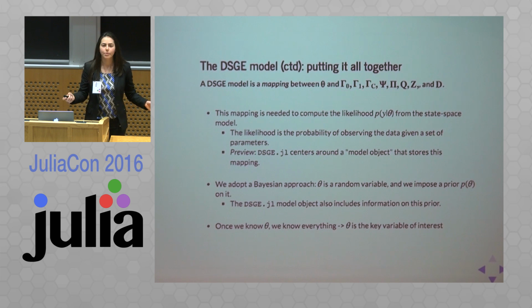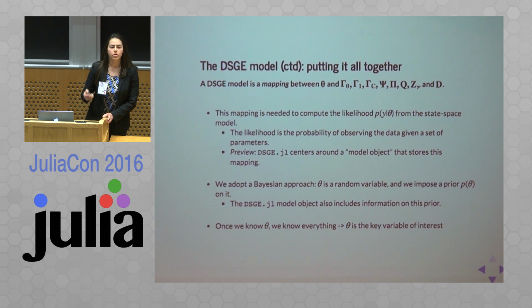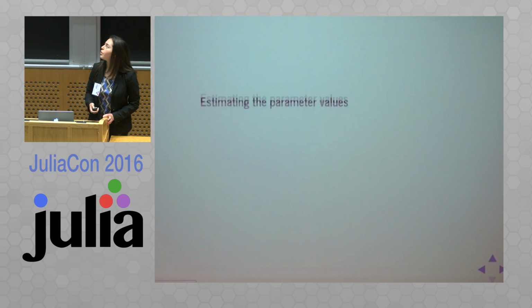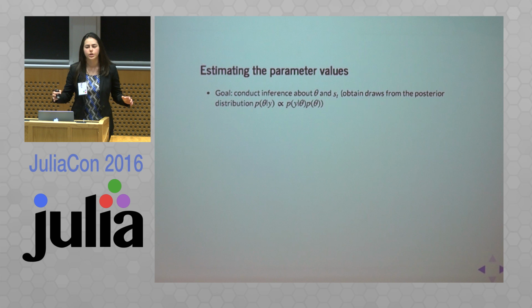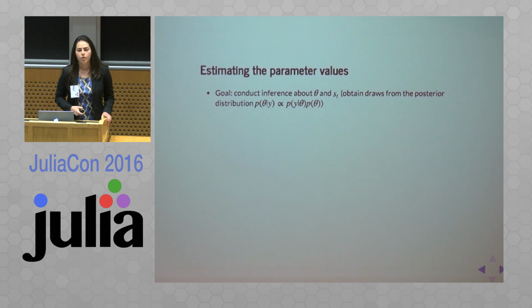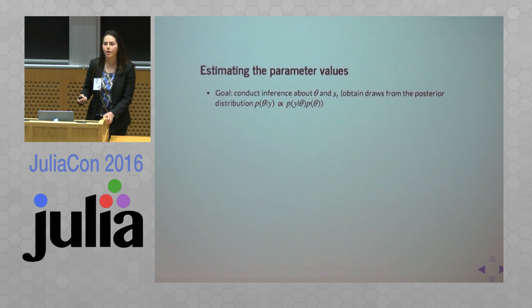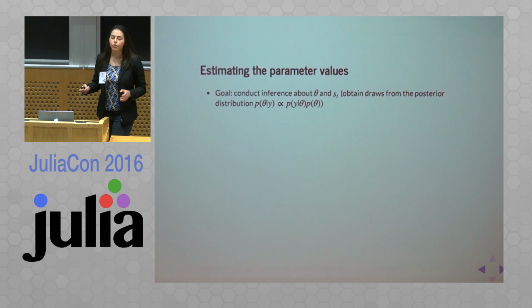We can use this mapping and figure out all of the rest of the matrices and go from there. So theta is really our variable of interest, and we want to conduct inference about what theta is. In particular, we want to understand what its posterior distribution looks like. So when we say we estimate the parameters, that means we want to sample from the posterior distribution of theta.